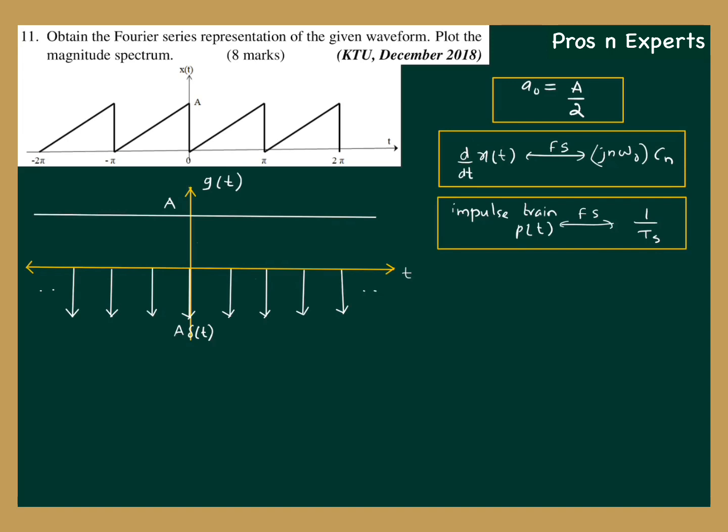The signal consists of both a DC, you can see this A, and inverted impulse trains, each of amplitude A. My question is, what happens if we integrate this signal? The integral of a step or constant is always a ramp signal.